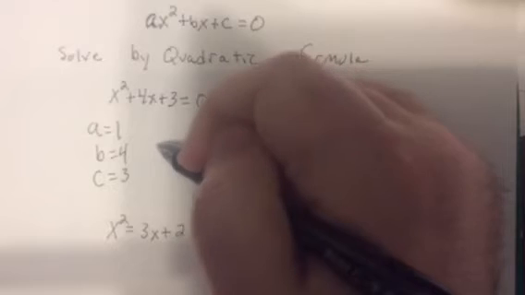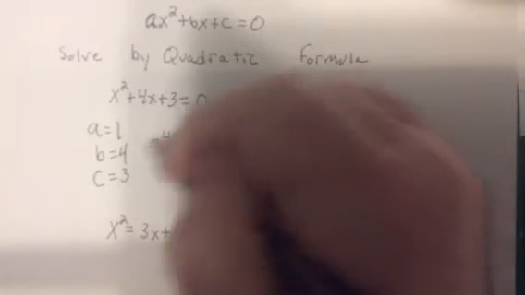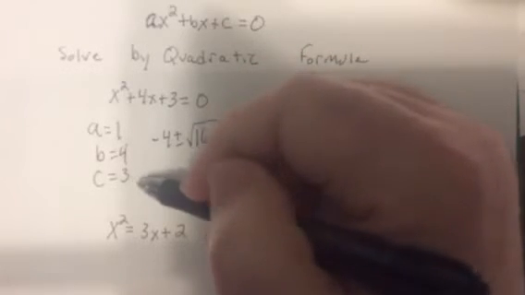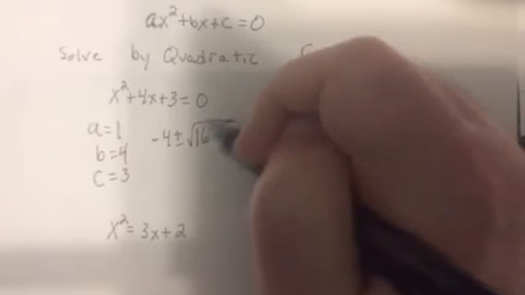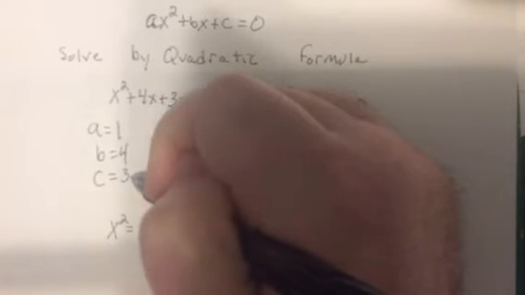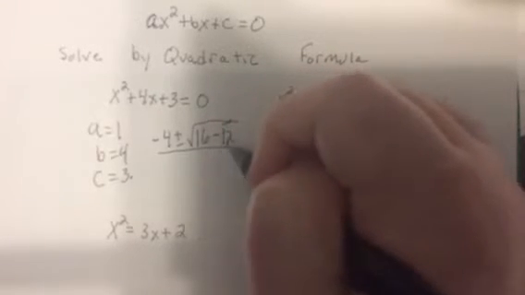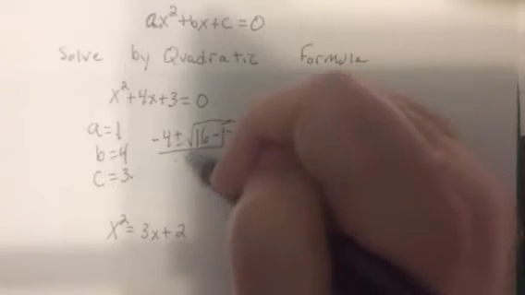Okay, opposite of B, plus or minus the square root of B squared minus 4AC. Now, this you don't have to show work. If you want to just go 4 times C is 3, so 4 times 3 is 12, times 1 is 12. I can do that. All over 2 times A. So you can simplify a little bit.